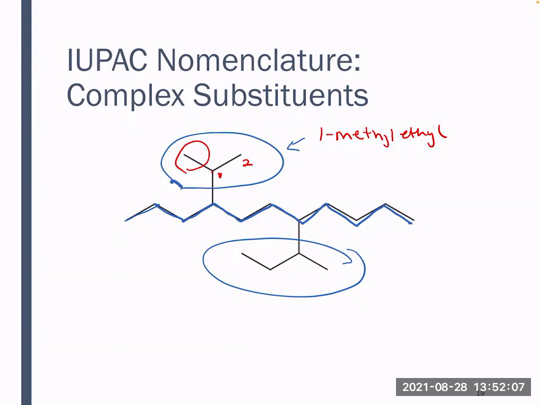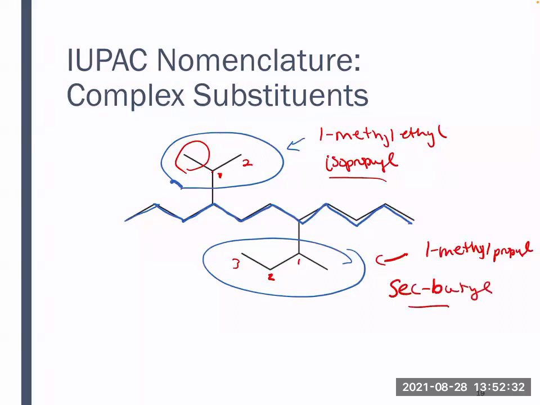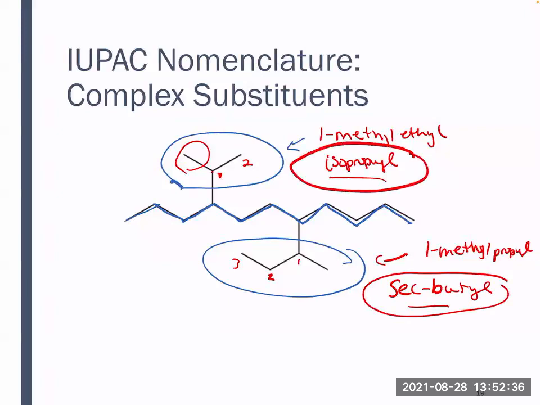The preferred name would be isopropyl. If I look at this one down here, I could name it 1-methylpropyl, but the better, more common name is sec-butyl. So definitely make sure you can identify these more complex substituents.